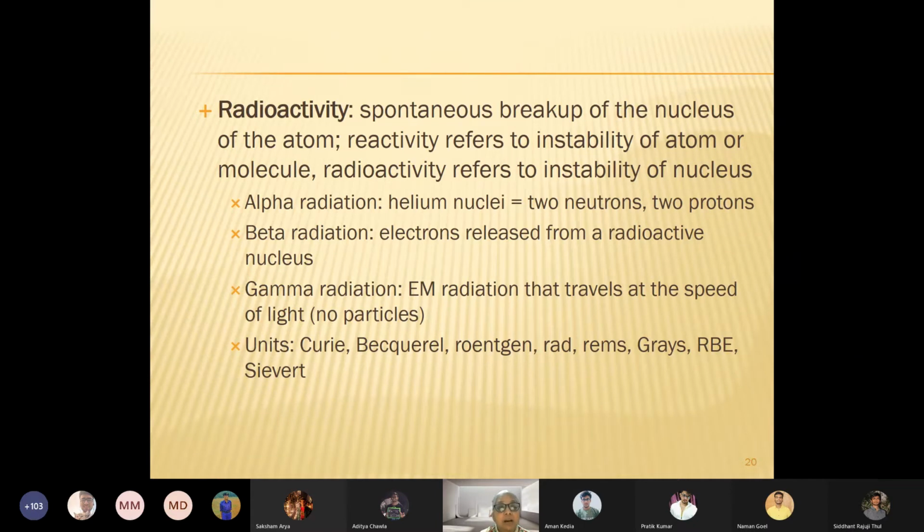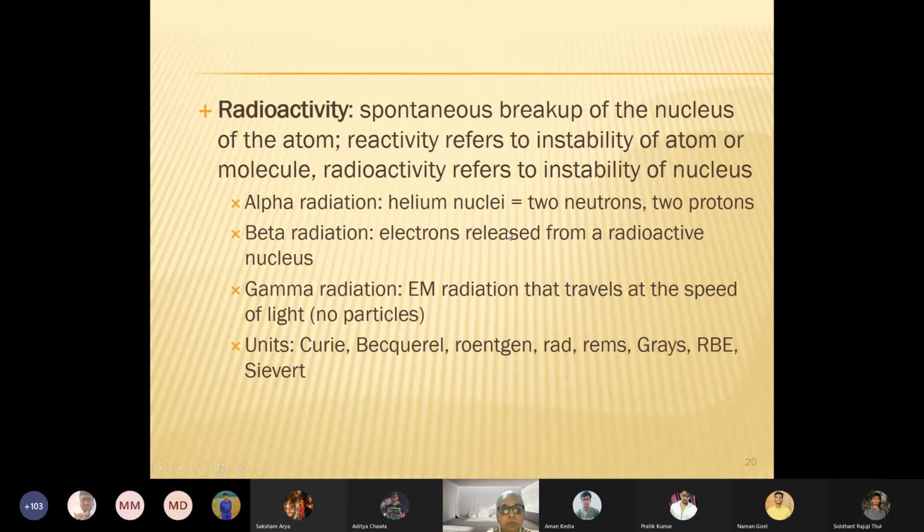So anyway, we have seen that when we talk about chemical reactivity, that is the instability of an atom or molecule. Radioactivity refers to the instability of the nucleus. So when the nucleus of the atom is unstable, that will lead to spontaneous breakup of the nucleus and result in these three types of radiation: alpha radiation, beta and gamma radiation.